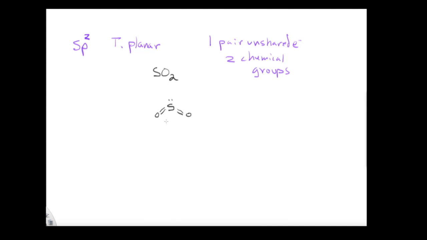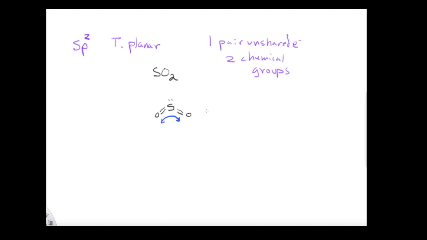And remember, as we fly through this, that the geometry is based on the chemical groups that are bonded to the central atom and not on the electronic organization itself. So you can see that in this kind of molecule there are only 2 chemical groups that are bonded to the central atom.